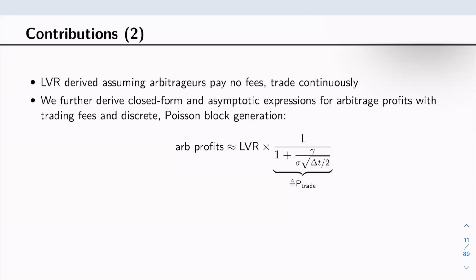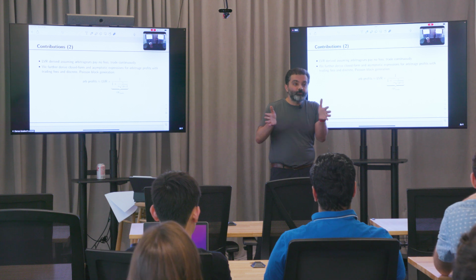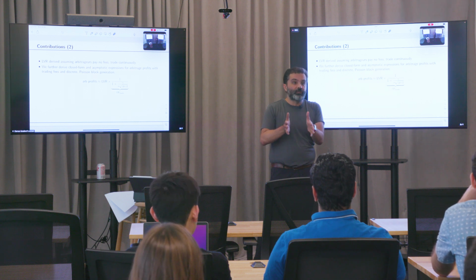What we find in that setting is, in a particular asymptotic regime, I'll be clearer about, the arbitrage profits are simply the quantity LVR I defined before, this idealized quantity of trading continuously and not paying fees, but scaled down by the probability that an arbitrageur arrives, let's say the instant a block is generated, and the pool is mispriced enough that a trade can occur.